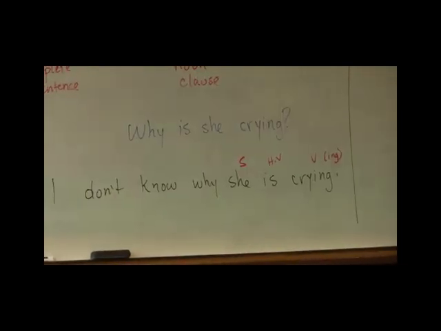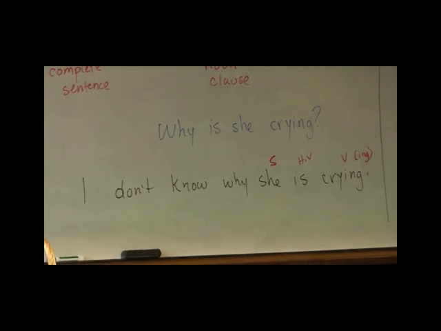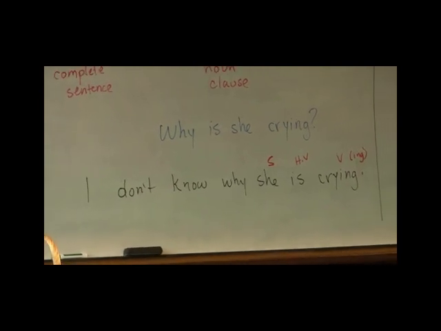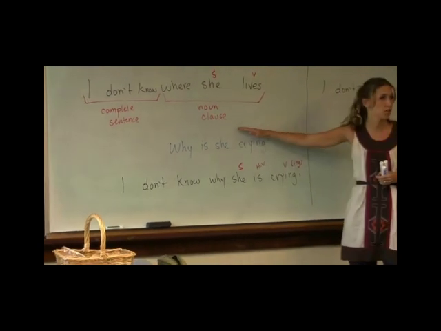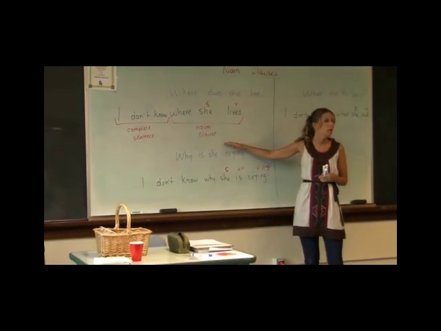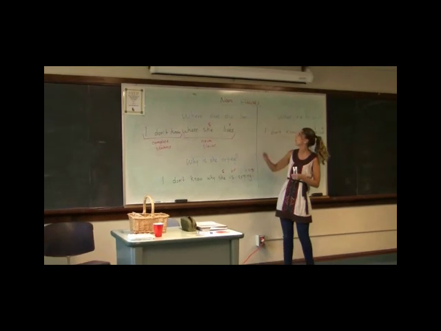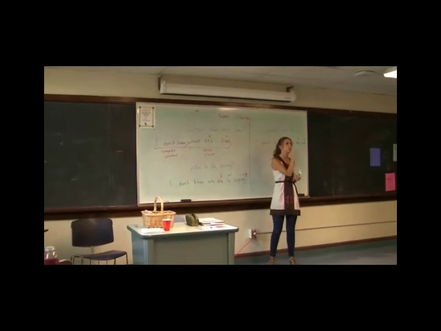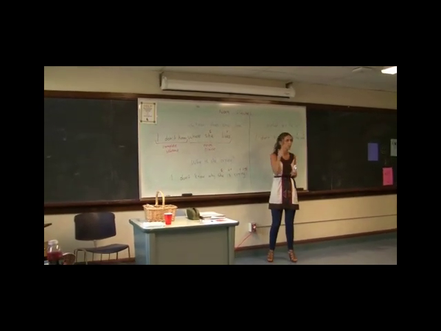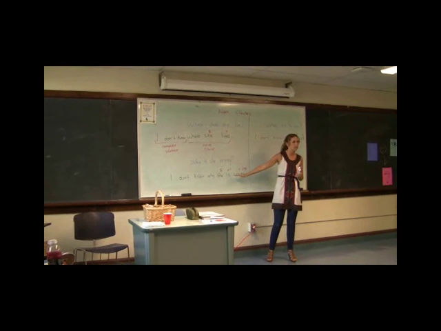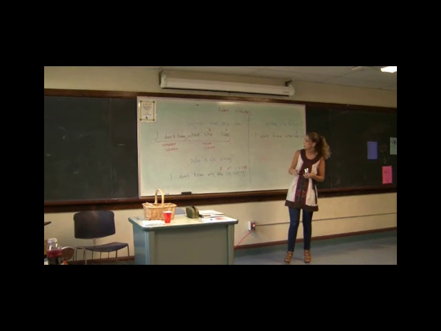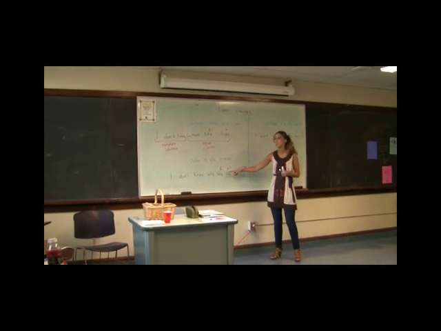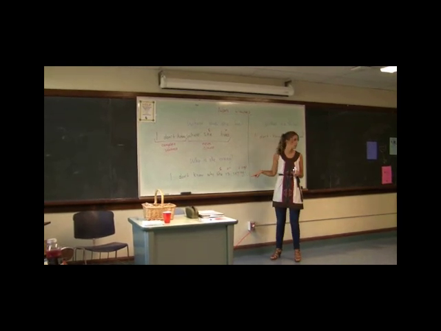Most of the time when you're learning English, you get confused because you want to say, I don't know why is she crying. You repeat the question, and that's where problems come. If you remember the rule that always in noun clauses, subject comes before the verb, you're not going to make that mistake. But if you just answer fast without thinking, you're probably going to say, I don't know why is she crying. And that is incorrect.